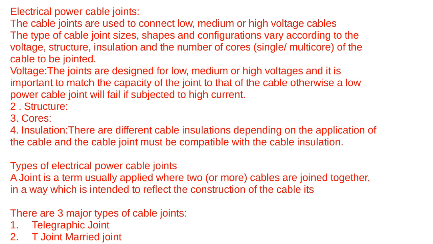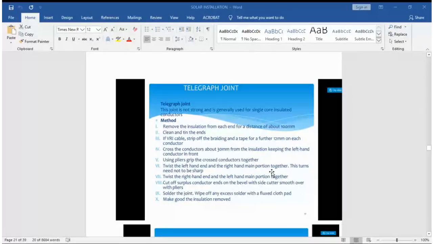I want us to go through it quickly. We start with the telegraphic joint. This joint is not as strong and is generally used for single core insulated conductors. A single core is a cable that has just one core, one conductor inside. So we have the method.